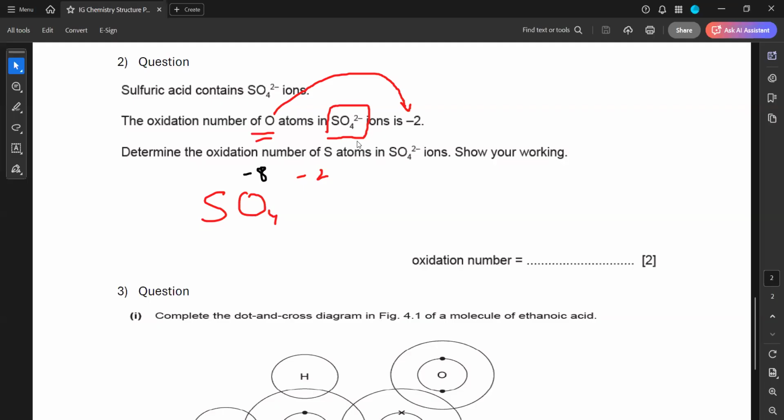And for sulfur, we don't know its oxidation number, so we call X. So it will form an equation that sulfur oxidation is X. The total oxidation number for the 4 oxygens is -8, and the result is -2. If I need X, the -8 will move to the other side, so -2 plus 8, and we get +6. So the oxidation number of sulfur will be +6. Is it clear? Yes, sir.